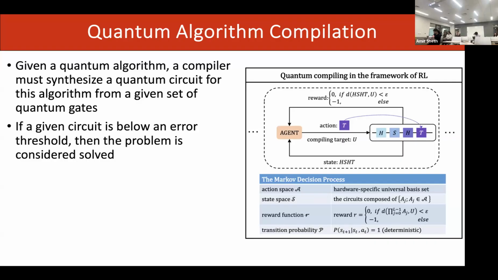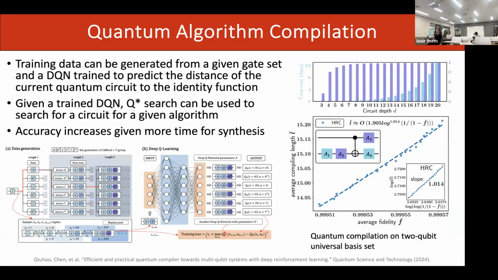And I then want to find a sequence of these elementary gates to implement that algorithm. So how can I find a sequence that translates this matrix to this other matrix? And people then use DQA to figure out how to do this. And here's them using DQA to train what's known as a deep Q network, and then using this heuristic search method we came up with called Q-star search. I don't have time to get into it, but it can work a lot faster.